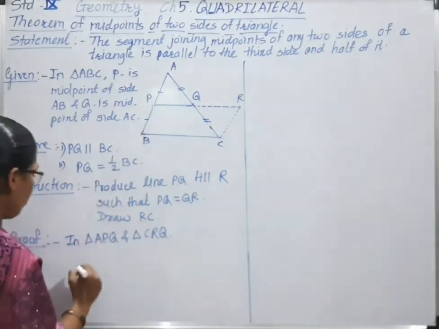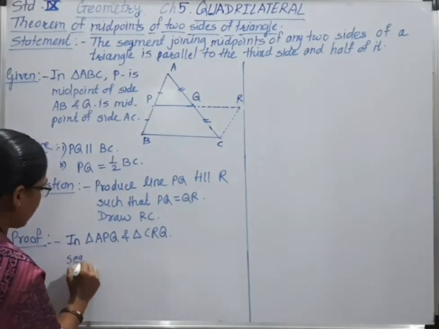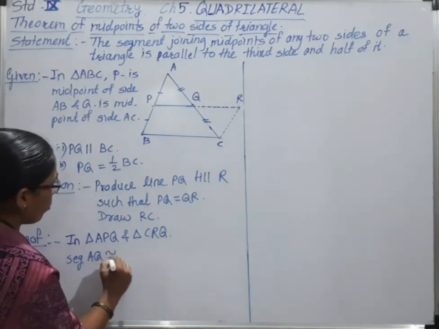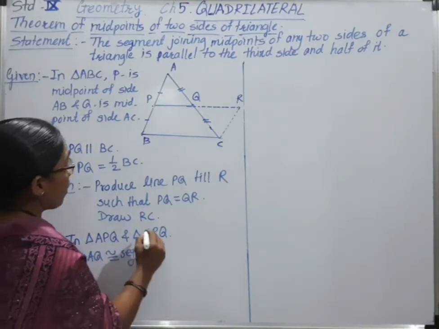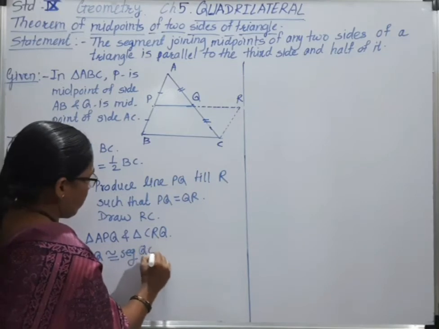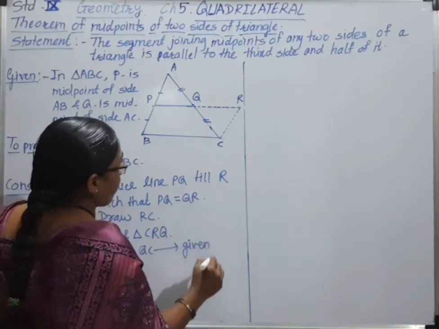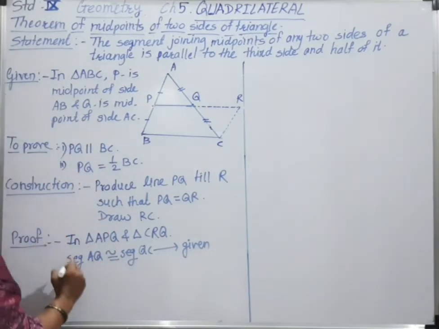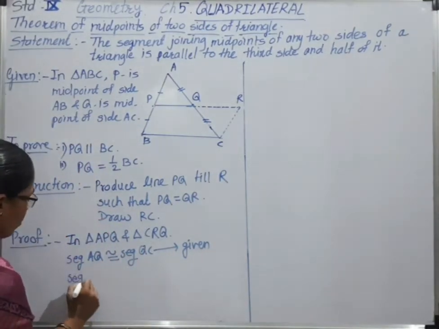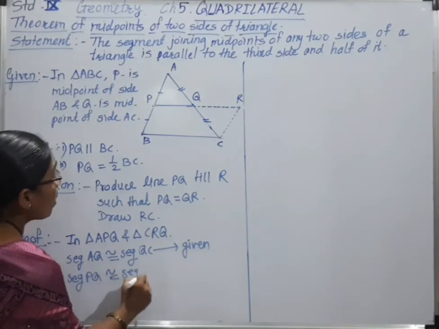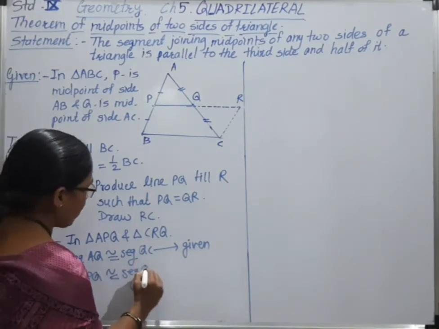segment AQ is equal to, or congruent to, segment QC. It is given only. And segment PQ is congruent to segment QR.